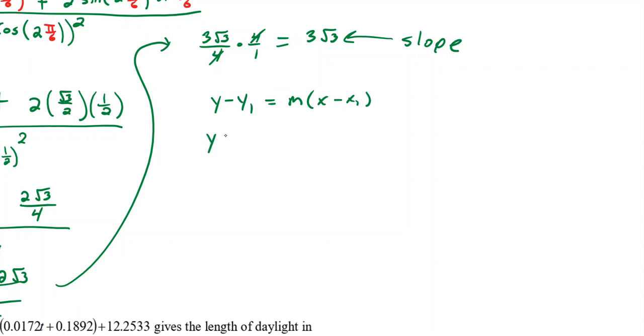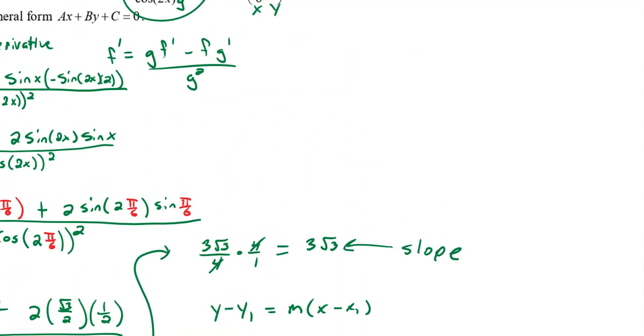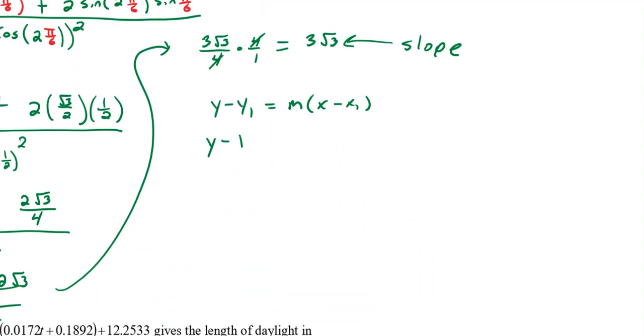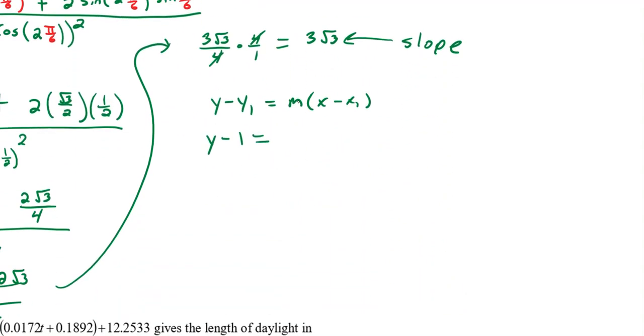So this would be y minus 1. Okay, if you don't know where that's from, that's just our y value here, right? So 1. Our slope, we now know, is 3 root 3. And then our x value there was pi over 6.